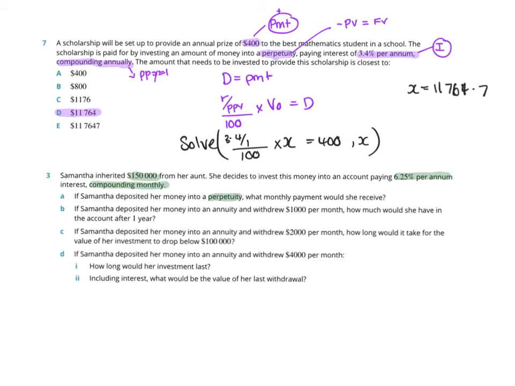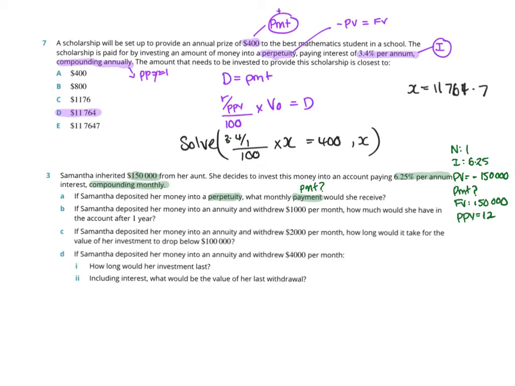So here, this payment is the question, and we have everything that we need. We're just going to put 1, the interest rate is 6.25, PV is negative 150,000, payment is the question, FV will be positive 150,000, and PPY equals monthly, so 12, yeah?